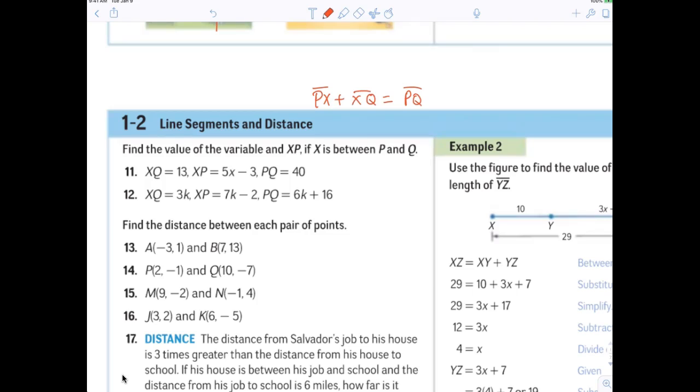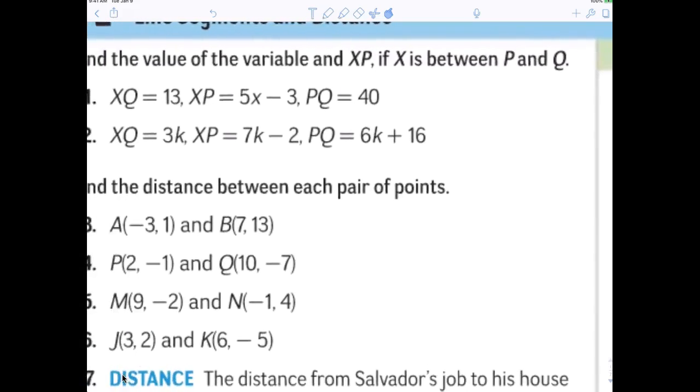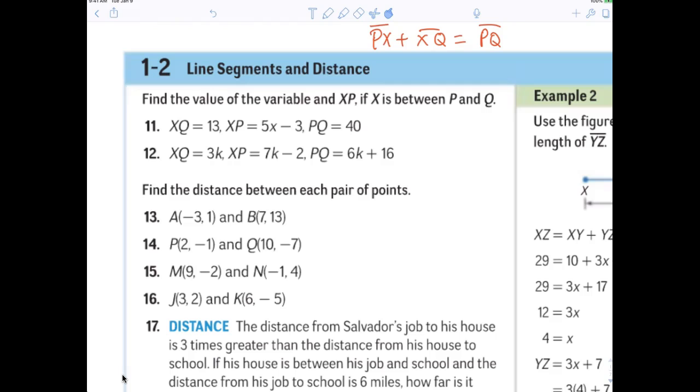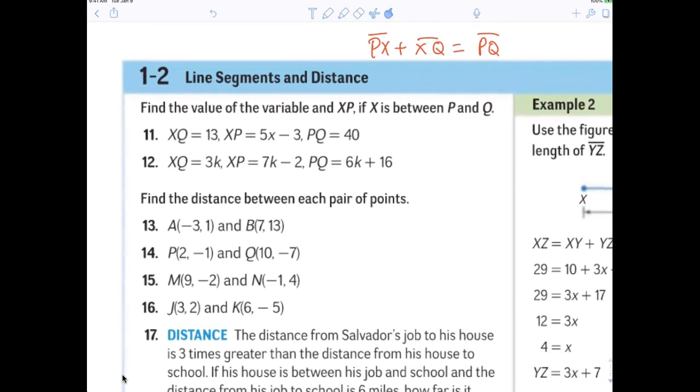So for question number 11, what's the equation? 5x minus 3 plus 13 equals 40. Everybody should be able to do the mental math on that.